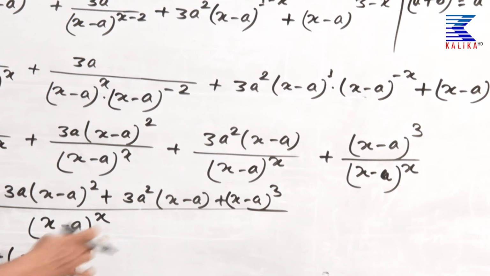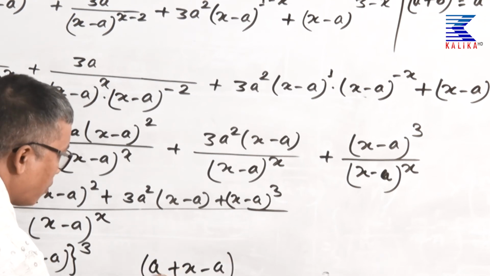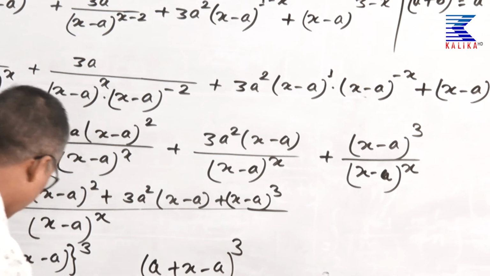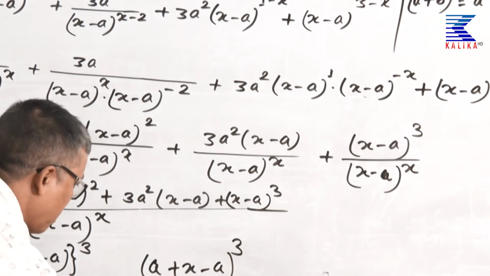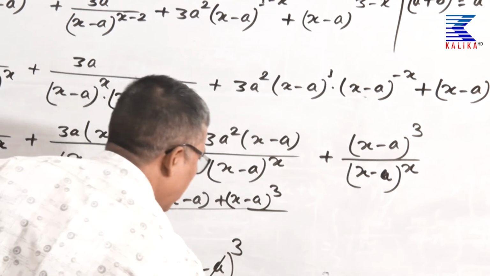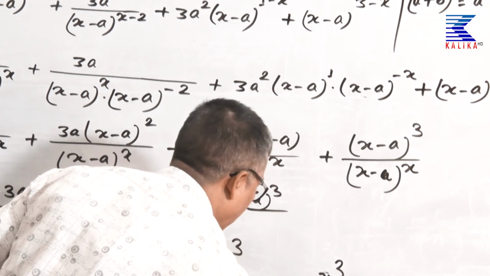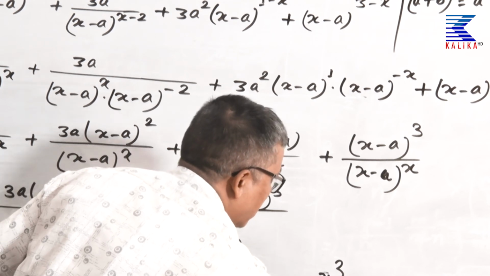The short form of this expression is this, (a plus b) whole cube divided by (x minus a) to the power x. Okay? (a plus (x minus a)) whole cube divided by (x minus a) to the power x, minus a and plus a cancel, then x cube divided by (x minus a) to the power x. This is the answer of this question.